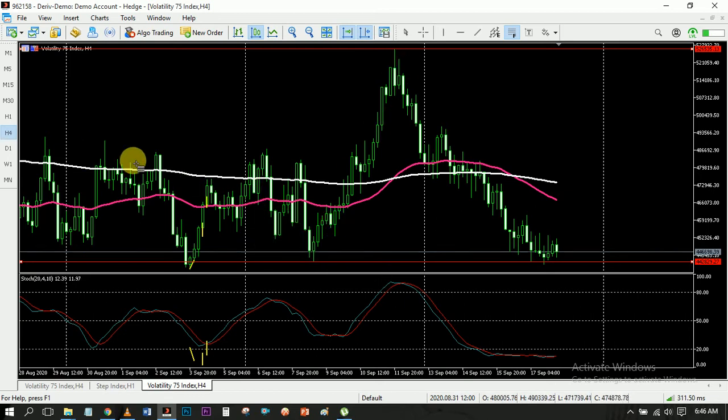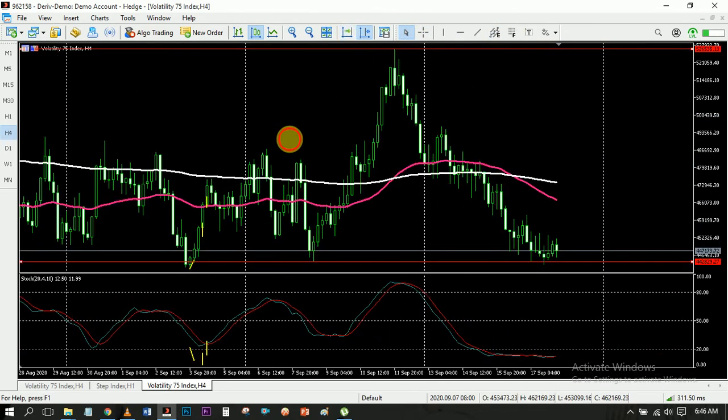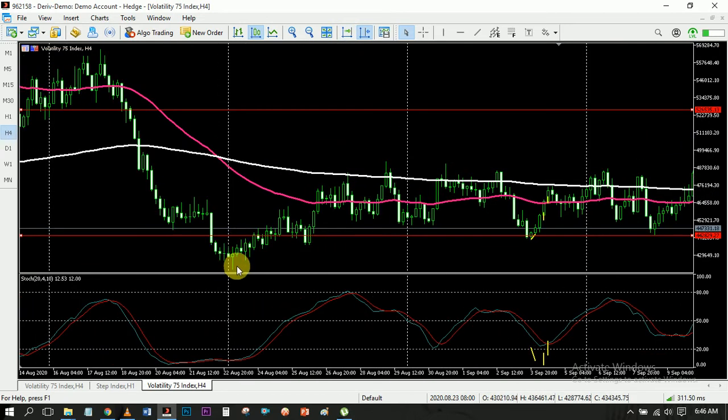But in this scenario, this is the top and this is the bottom, and it moved from top to bottom. For this week, you can see this is the low, this is the high, and this moved from low to high.